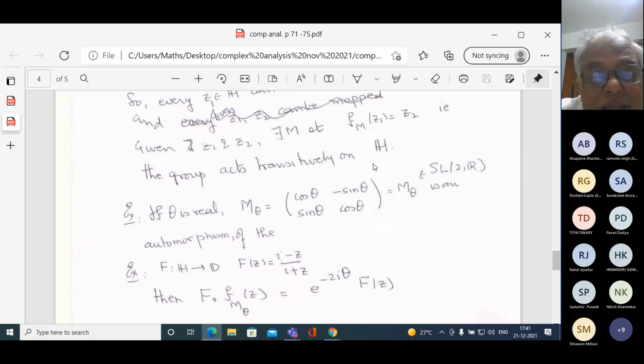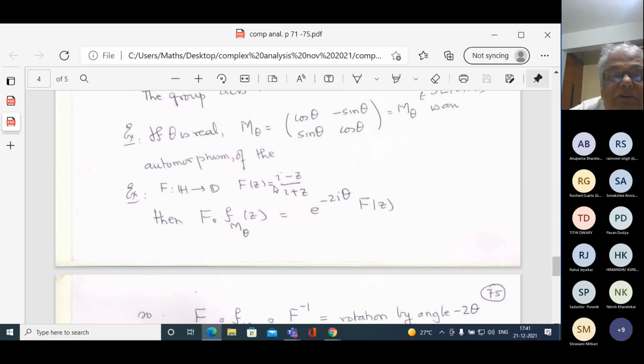Now, if f from H to D is f(z) equal to (i − z) over (i + z), then f composed with the automorphism corresponding to M_theta, this is an exercise which you should do, is: you take f acting on z and rotate it by e raised to 2 pi i theta.